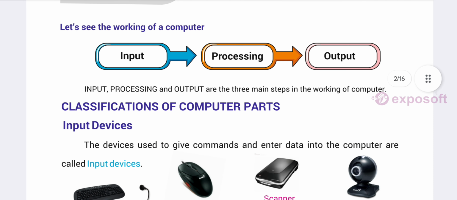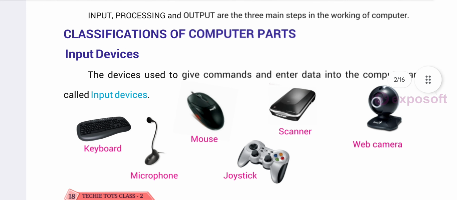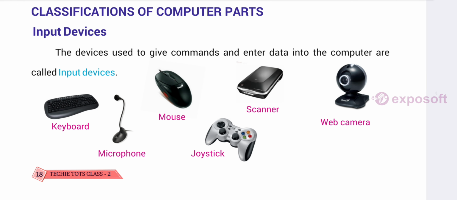Let's see the working of a computer. Input, processing, output are the three main steps in the working of a computer. Classification of computer parts. Friends, did you know what are input devices? The devices used to give commands and enter data into the computer are called input devices.